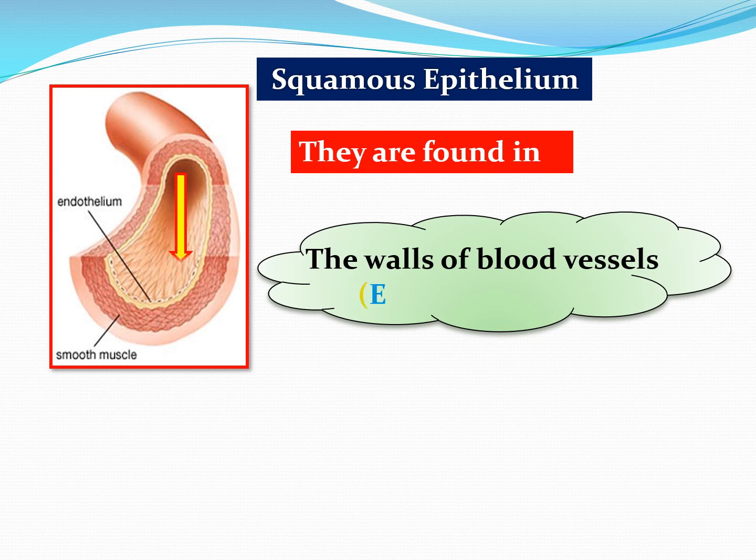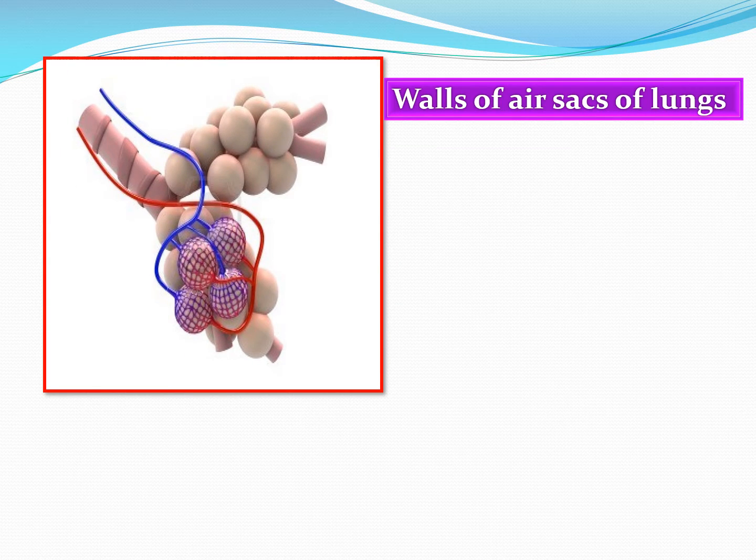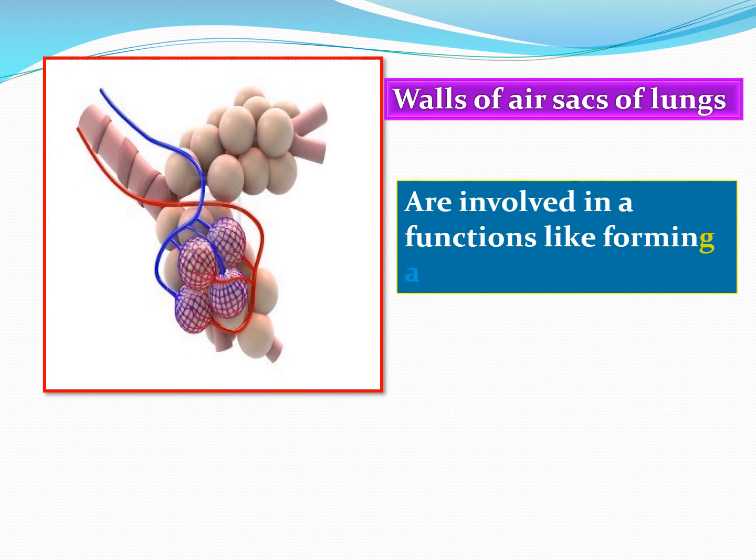And these are found in the walls of blood vessels, called endothelium, and the walls of air sacs of lungs, which are involved in functions like forming a diffusion boundary.